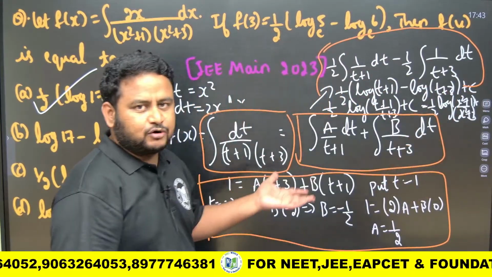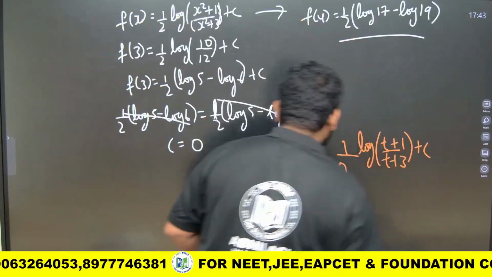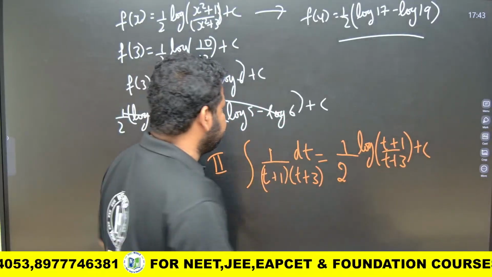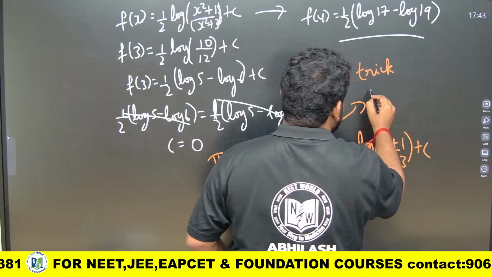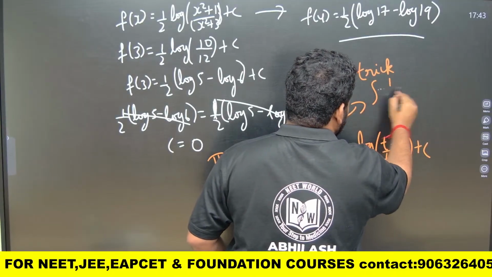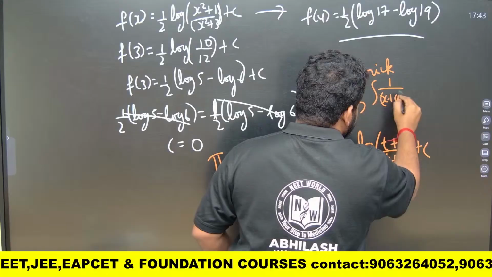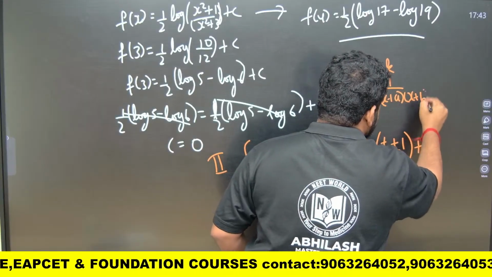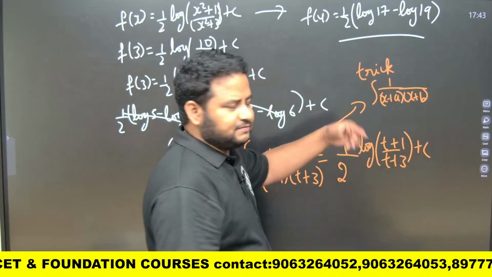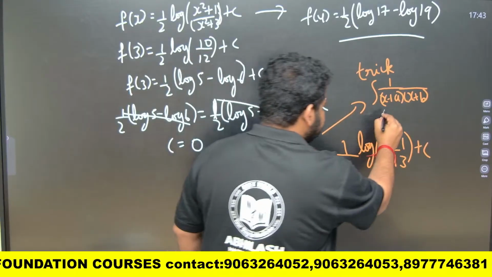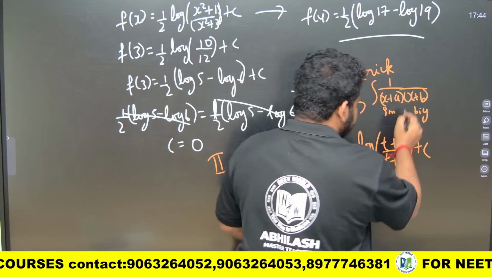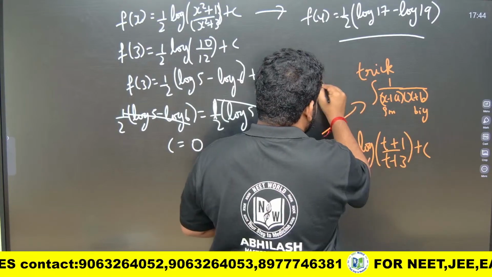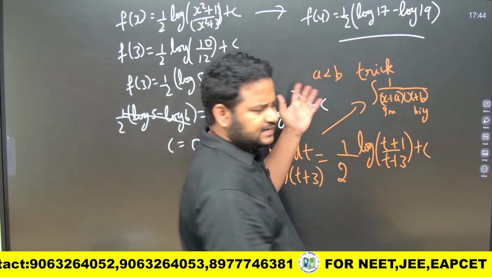How could I avoid them? What is the trick that I am using? Please remember, the trick here is, if the integral of 1 by (x plus a)(x plus b) is given, where a is smaller than b, or even if a is greater than b, no problem.